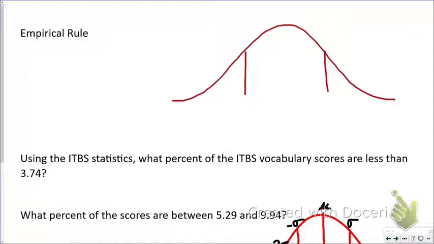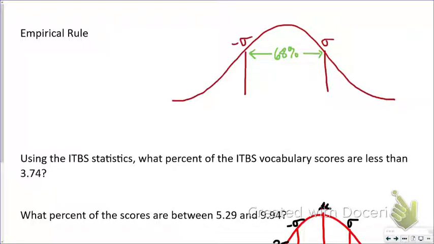And I know that within one standard deviation, we have approximately 68% of our data set. That's the one standard deviation rule.